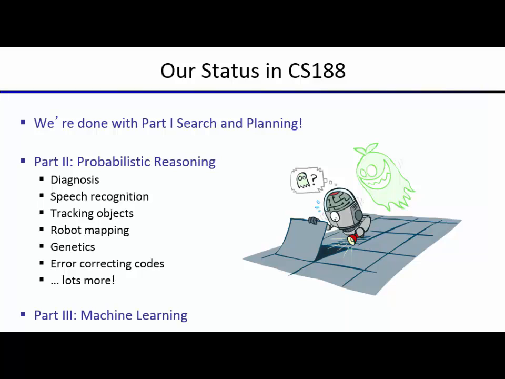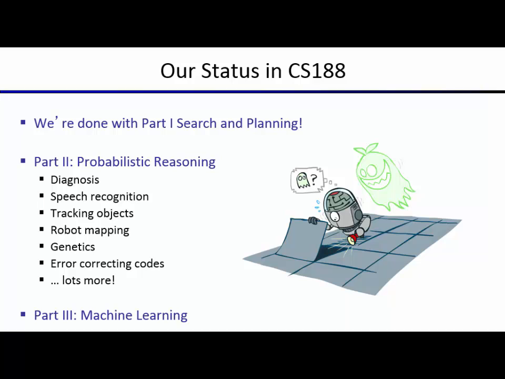The types of applications we'll be able to solve are problems in medical diagnosis, speech recognition, tracking of objects, mapping. There are also problems where a robot would simultaneously localize itself in a building it's never been in and map out the building. Genetics, where you might infer things about genes based on the phenotypes, error correcting codes, and many, many more.